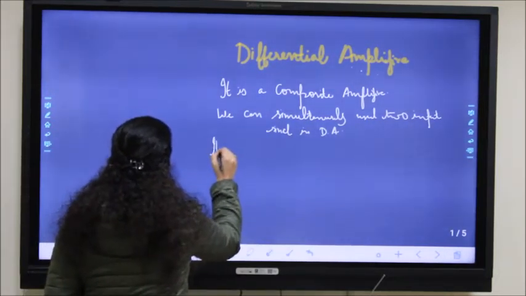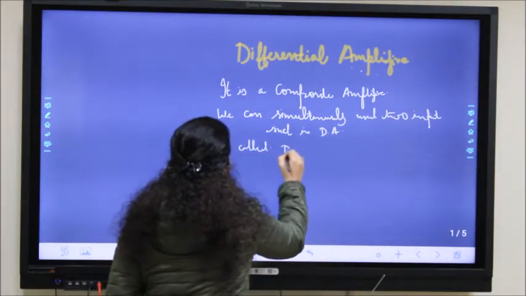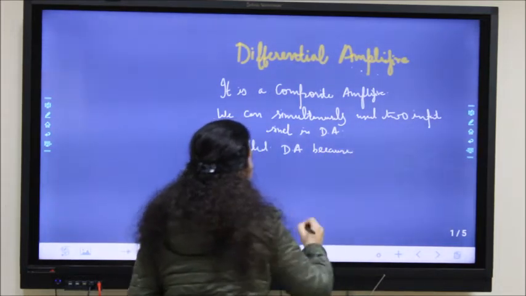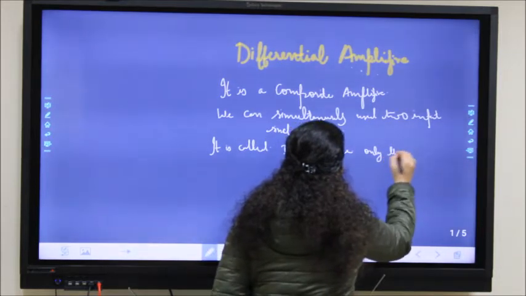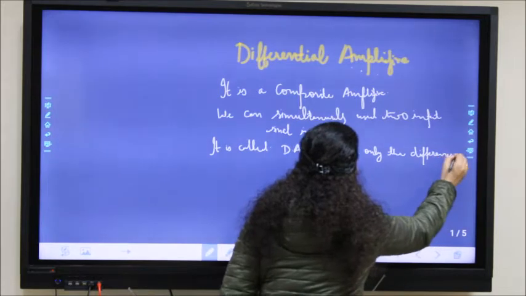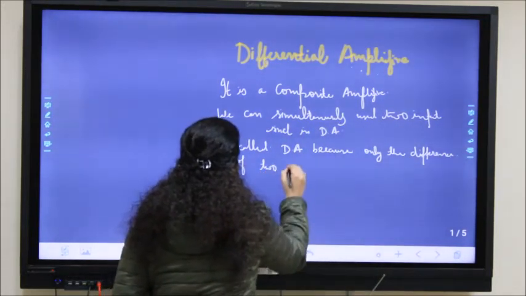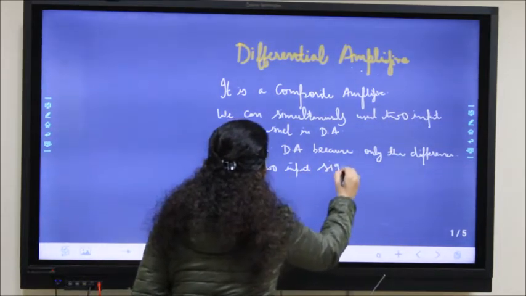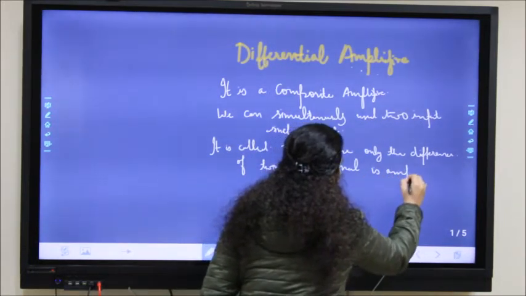It is called differential amplifier because only the difference of two input signals is amplified.